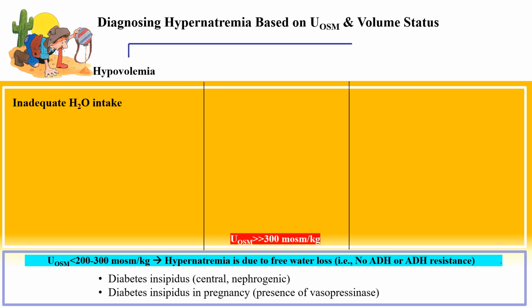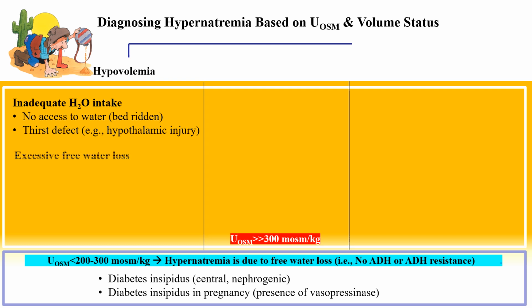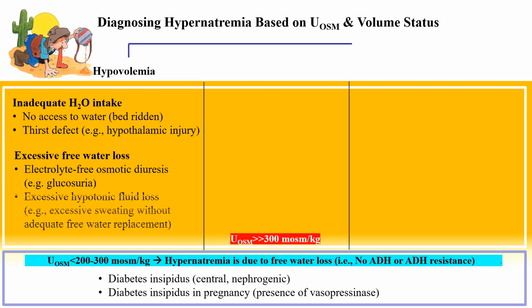This may be due to the lack of access to water, which is most commonly seen in bedridden patients or patients with hypothalamic injury and associated thirst defect. Hypernatremia can also occur when there is excessive free water loss with osmotic diuresis or hypotonic bodily fluid loss, such as excessive sweating without appropriate free water replacement.